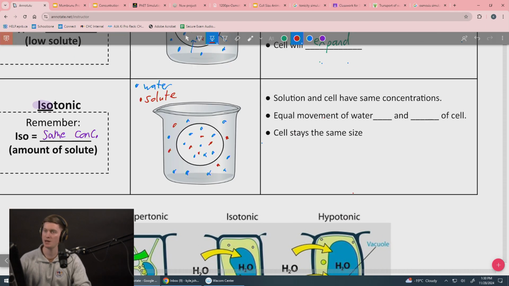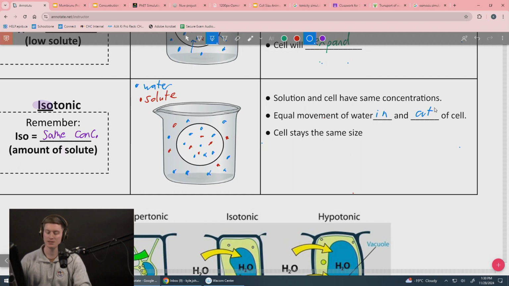Solution and cell have the same concentrations, equal movement of water into and out of the cell, which means that the cell stays the same size.